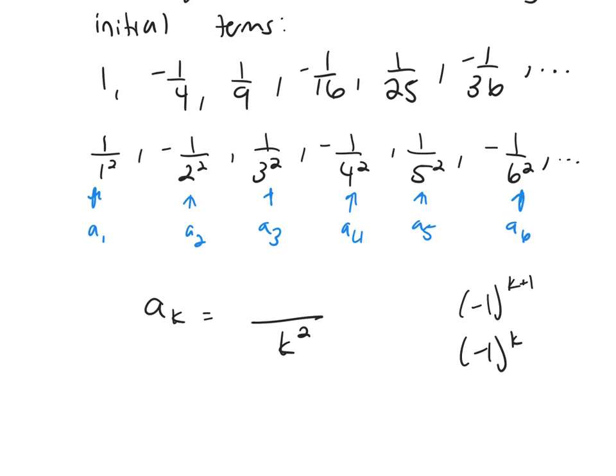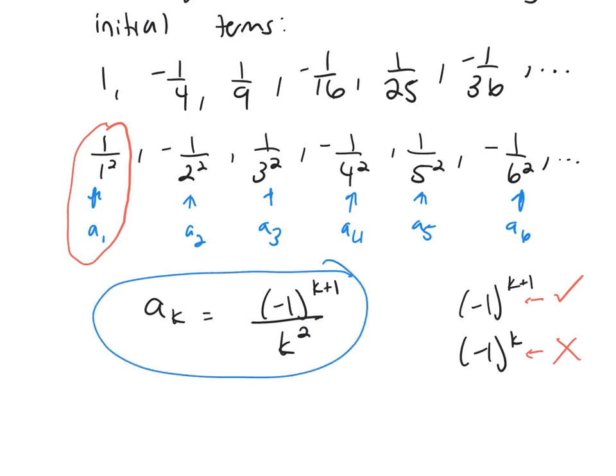So if I plug in 1, looking over here, at my first term, I want it to be positive. If you plug in 1 into this one, it'll be negative. So this is the one, when I plug in 1 into it, it would be (-1)^2, which is +1. So in my formula, I'm going to have (-1)^(k+1). And this is my formula for that sequence.